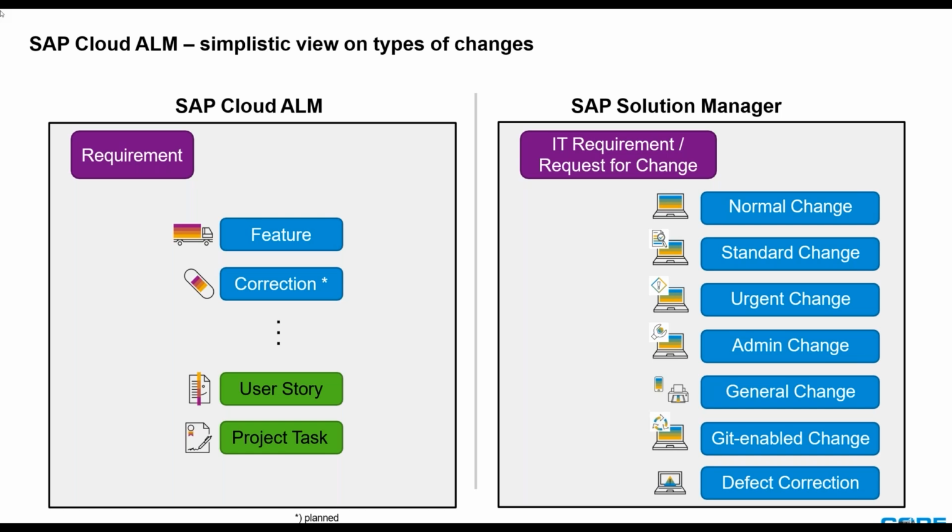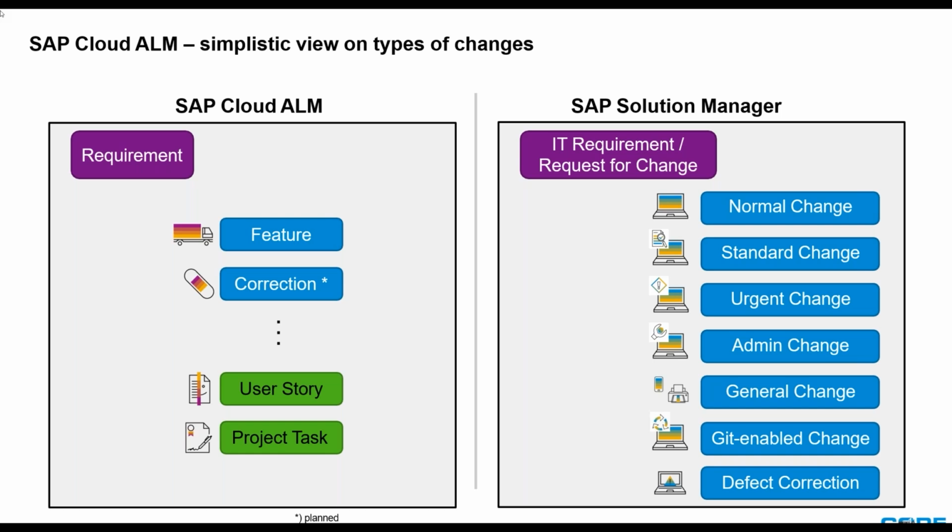So you'll have your IT request for change, and then all different types of changes and your custom changes that we usually use in order to manage different types of transports. The most common ones, the normal and the urgent change, are usually utilized to manage different types of transports and also projects within an SAP landscape.